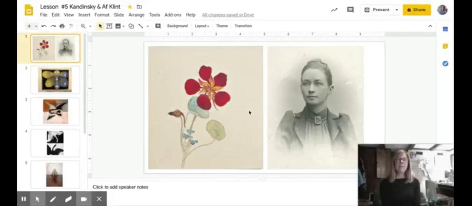But the thing about Hilma af Klint is she did something really interesting. She was a very, very curious woman, and she was very much an intellectual, and she would attend science lectures and she would attend seances. It may seem a little strange to put the two together, but you have to remember this is in the 1890s.